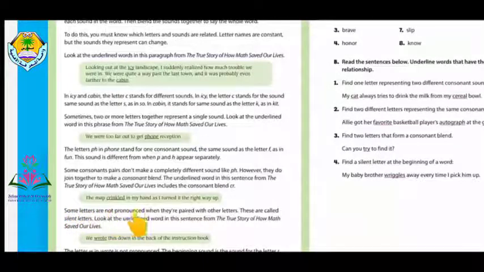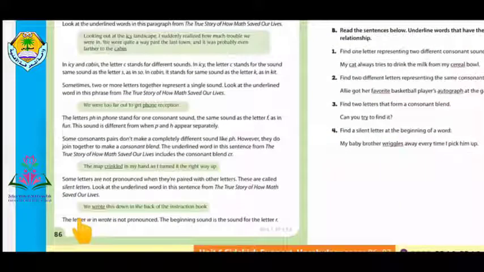Some letters are not pronounced when they're paired with other letters. These are called silent letters. Of course, it's really common in English. Look at the underlined word in this sentence from The True Story of How Math Saved Our Lives. Here, as you see, wrote.